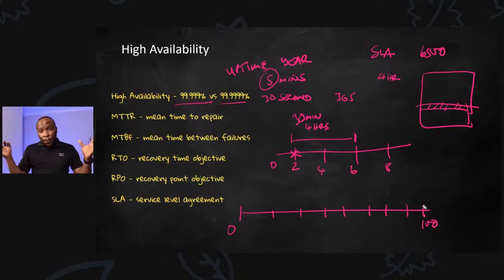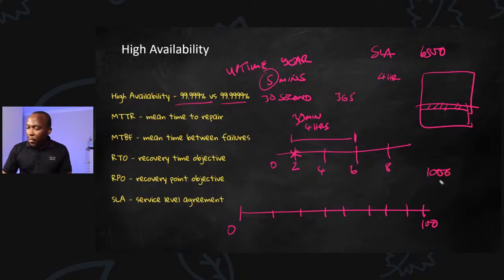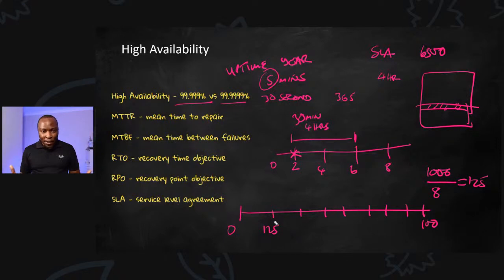So in that period of 1,000 hours, our infrastructure failed 8 times. The mathematical formula would be 1,000 divided by 8, which gives you 125. So 125 is the average time between failures. So you're assuming that every 125 hours, I need to anticipate a failure in this equipment.